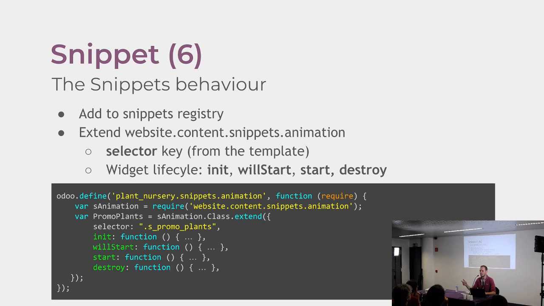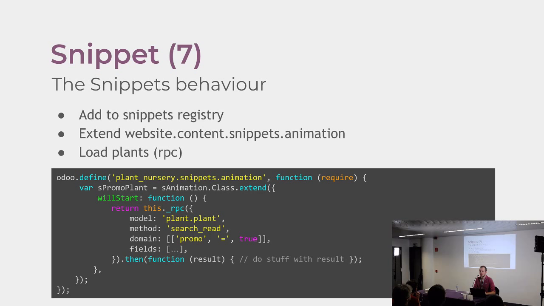Init and destroy are quite obvious, but willStart will be used for fetching the data before the snippet is rendered, and start is called to render the template. As I mentioned previously, the selector here is meant to bind the JavaScript instance to the DOM in the page.